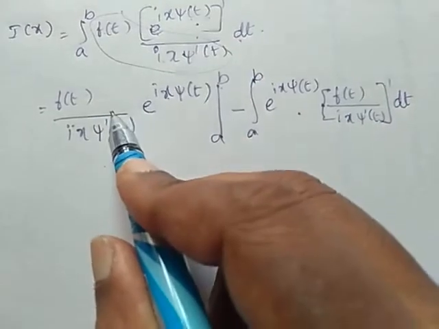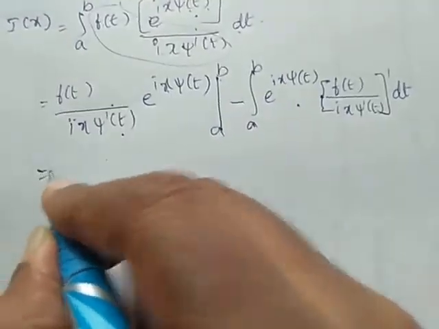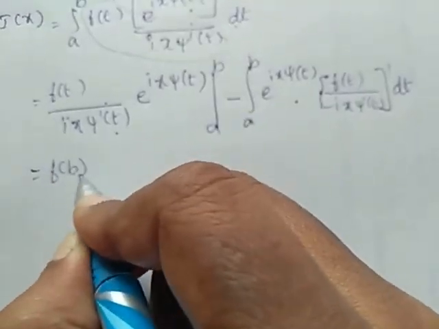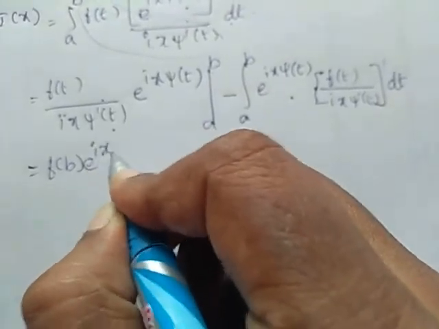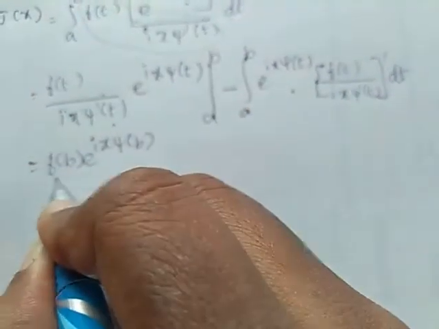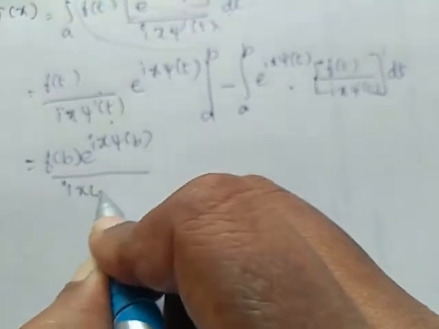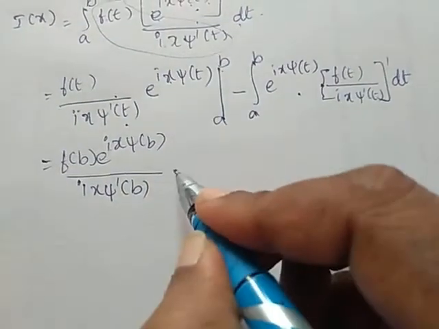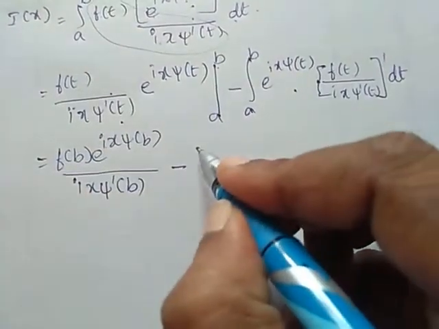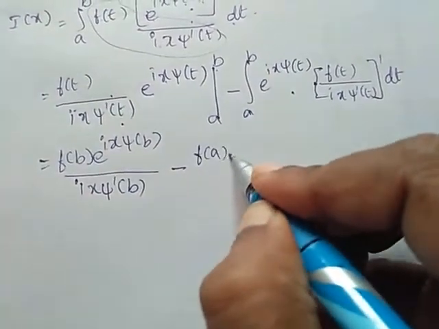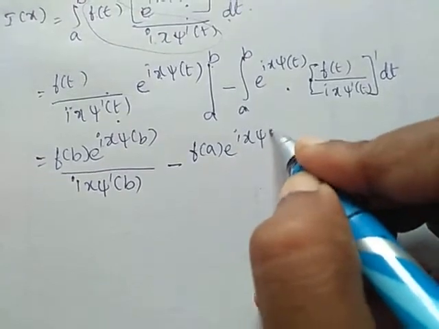Now apply the upper limit and lower limit. We get f of b e power i x xi of b divided by i x xi dash of b. This is our upper limit, minus the lower limit f of a e power i x xi of a.